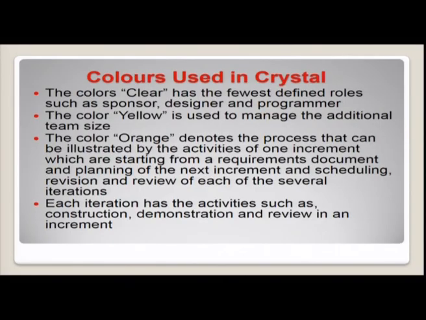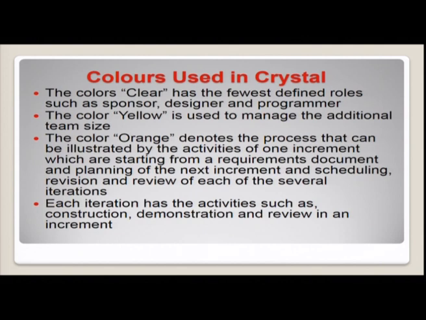If the color is orange, it denotes the process that can be illustrated by the activities of one increment, starting from a requirements document, planning of the next increment and scheduling, revision and review of each of the several iterations. Each iteration in orange has activities such as construction, demonstration and review in an incremental fashion.